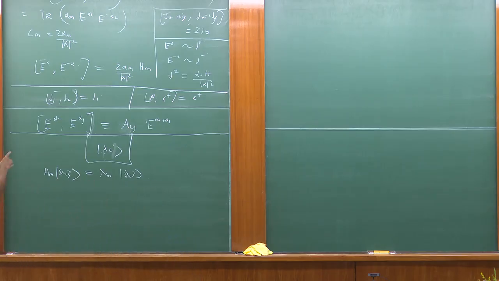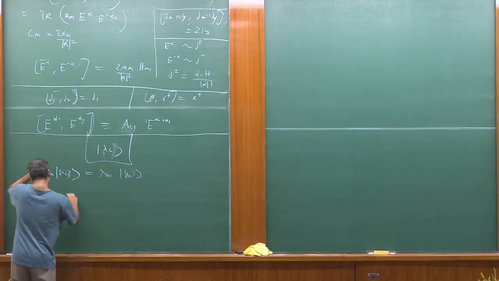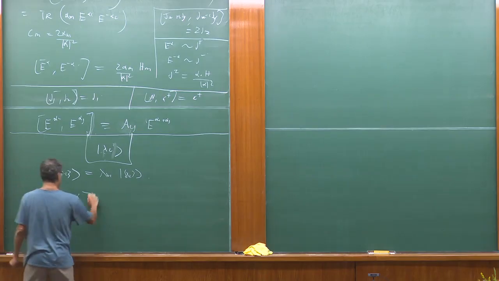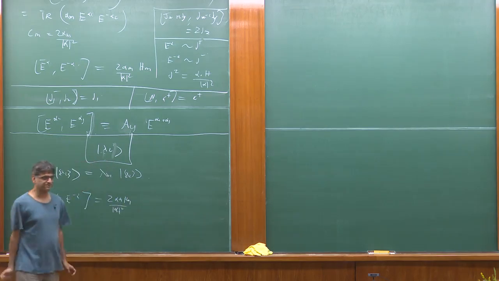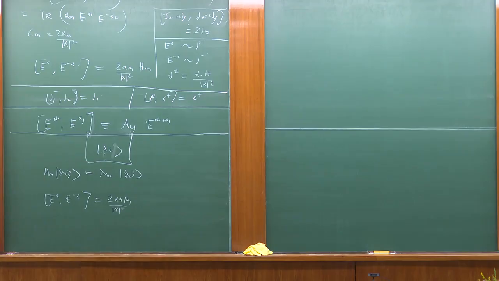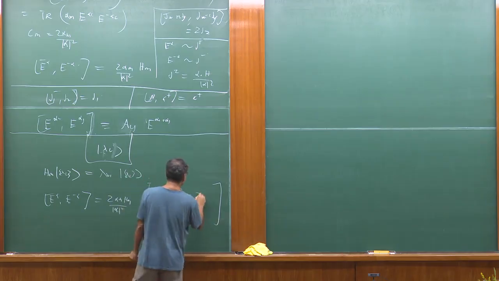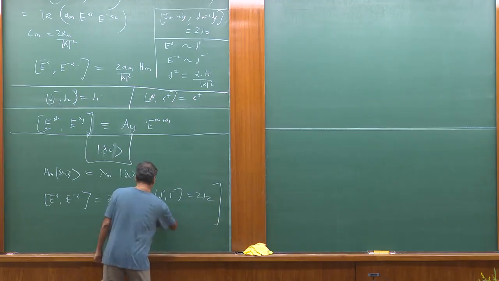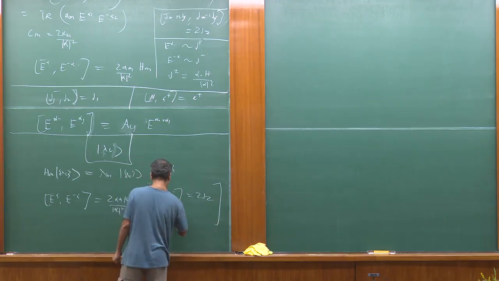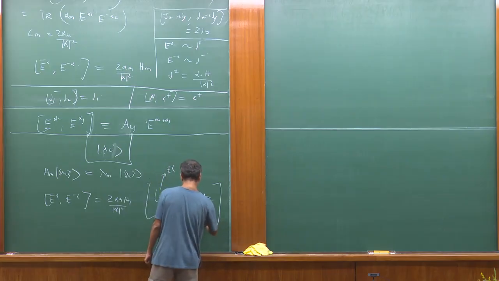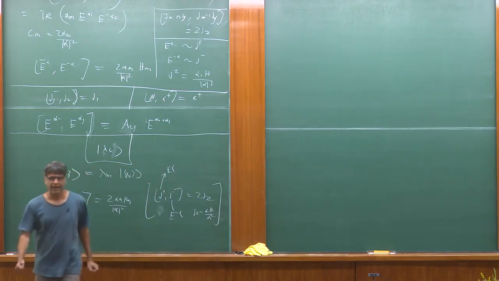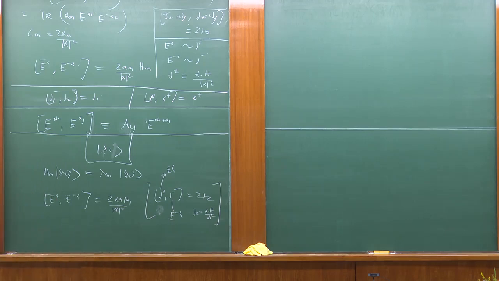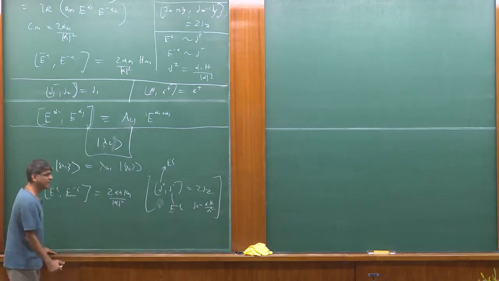Since we have that [E_alpha, E_minus alpha] is equal to 2 alpha_m h_m by alpha squared, and we've already seen that this is the same commutation relation as [J+, J-] equals 2 Jz when we identify J+ with E_alpha, J- with E_minus alpha, and Jz with alpha dot h divided by alpha squared, we see that every Lie algebra in particular has several SU2 subalgebras.